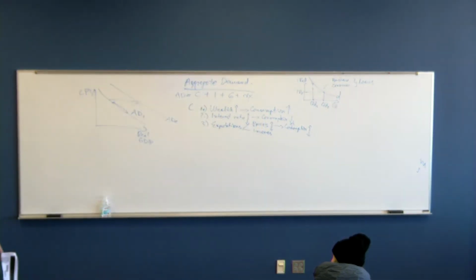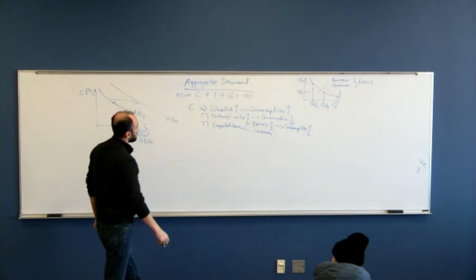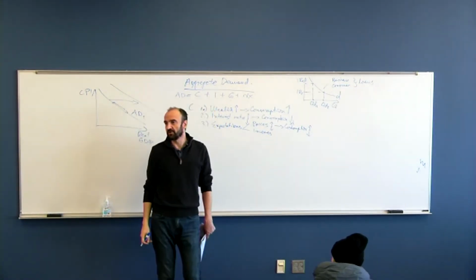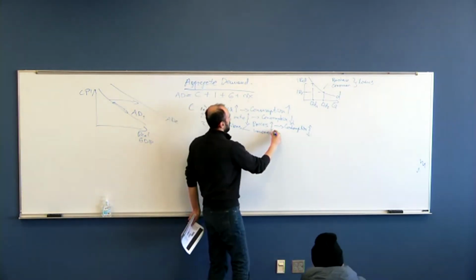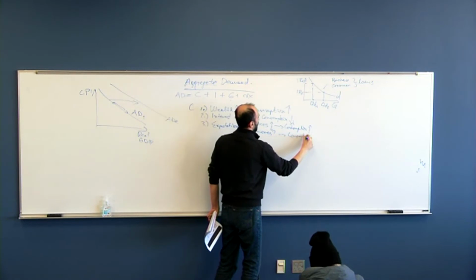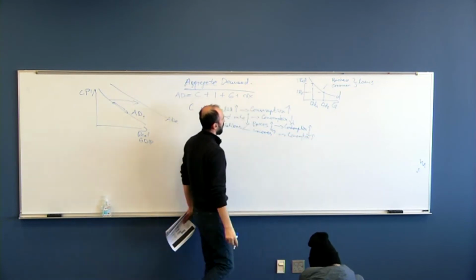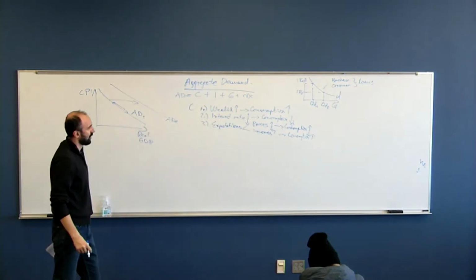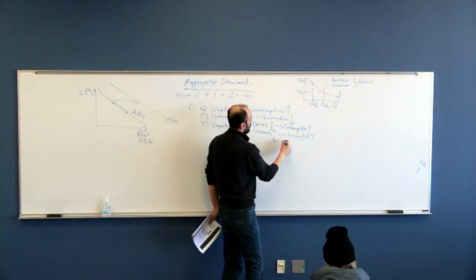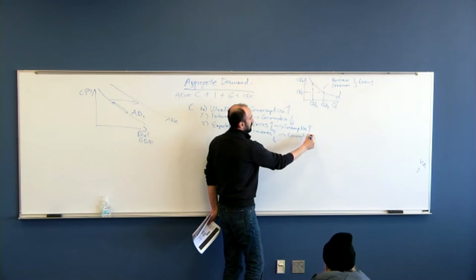Incomes. What happens if you expect your income to be higher in the future? You can increase your spending right now. And if you expect your income in the future to go down, you will decrease your consumption.